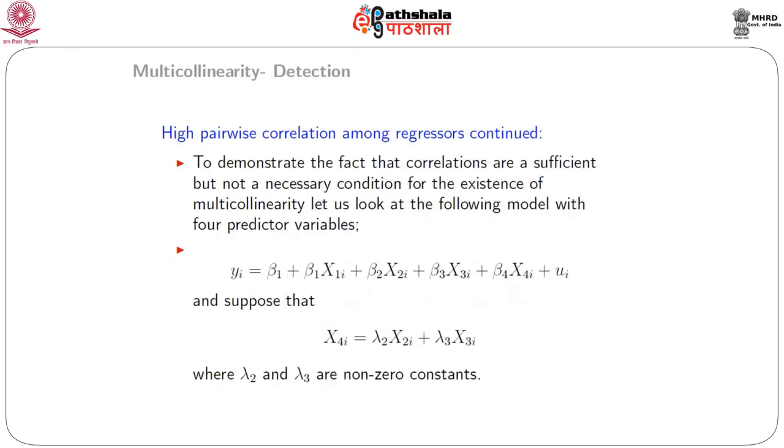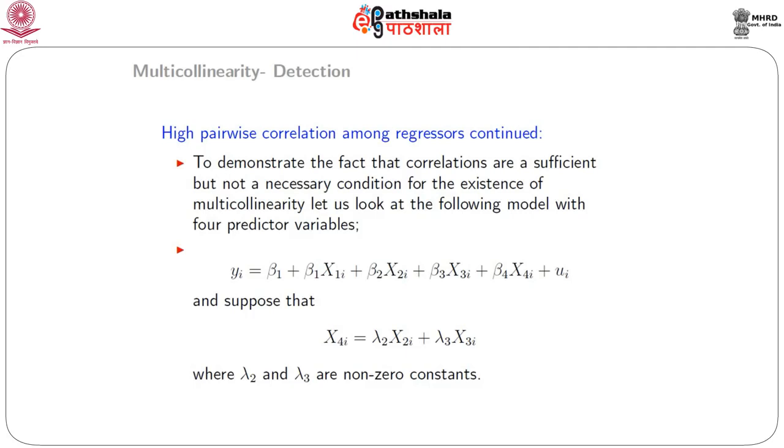So let us look at a model to demonstrate this fact. Suppose we have the following model with 4 predictor variables. Our response is y_i, and the 4 predictor variables are x1, x2, x3 and x4. And we have written the multiple linear regression model in terms of the 4 predictor variables.